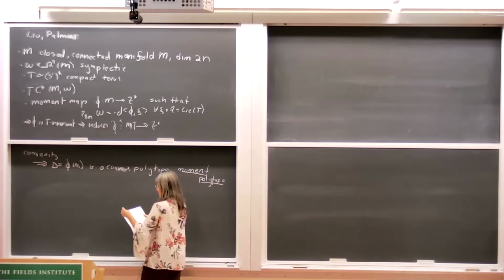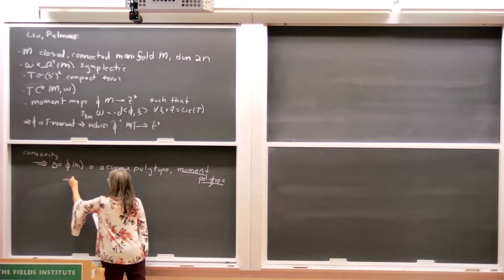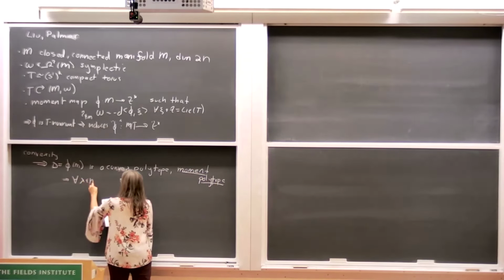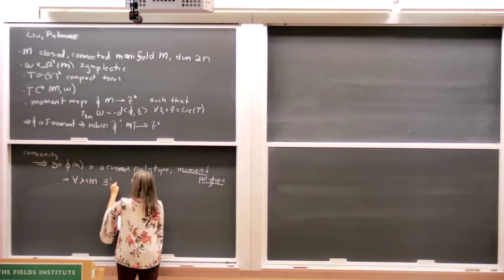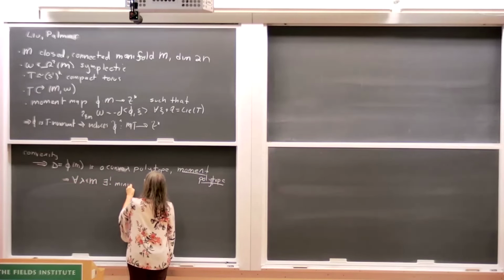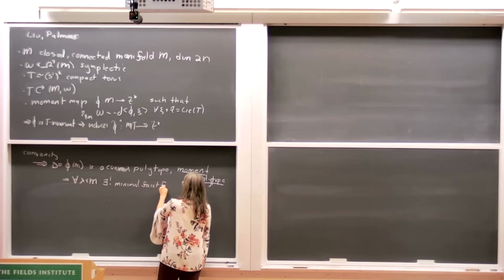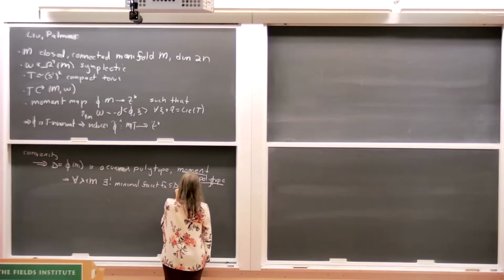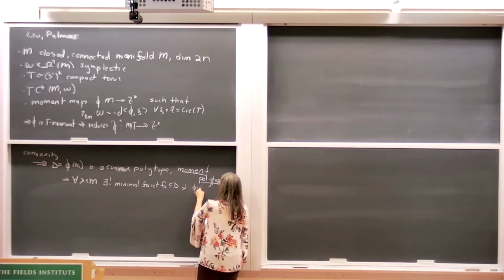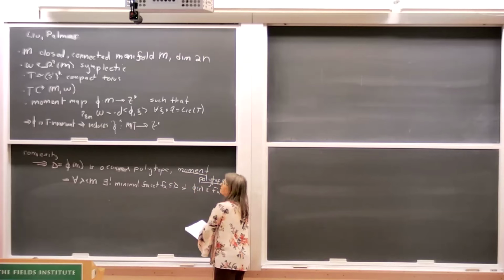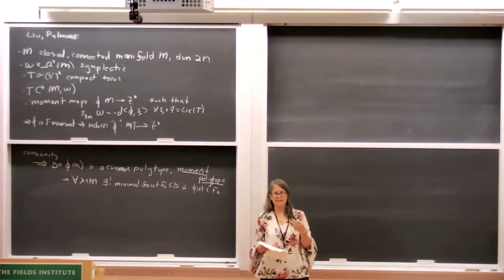And one thing this tells you is that for all x in M, there exists a unique minimal face F_x in Delta, such that phi of x is in F_x.